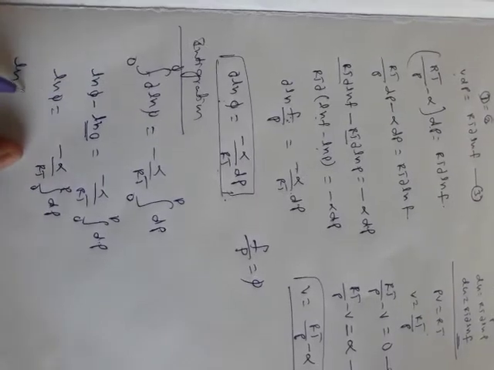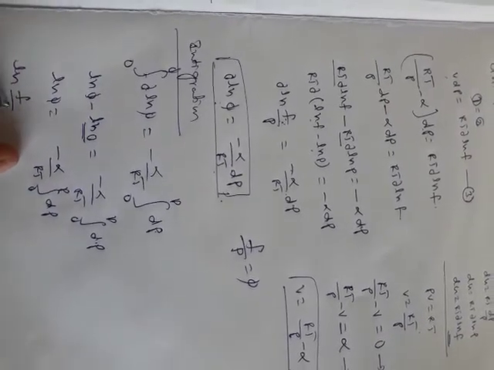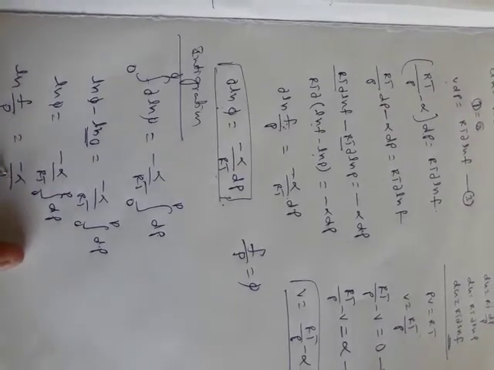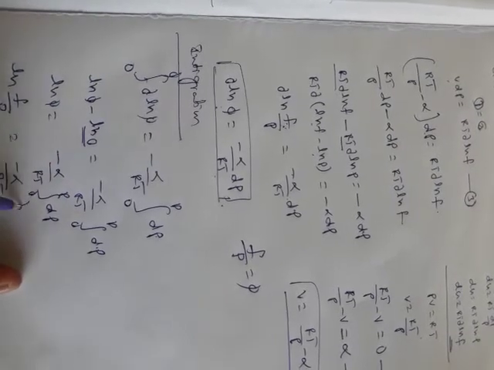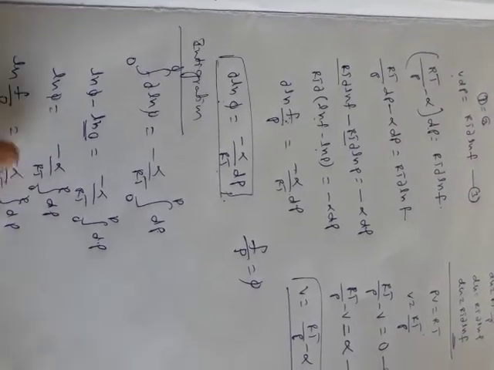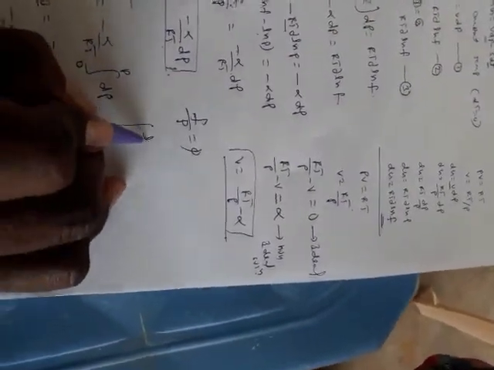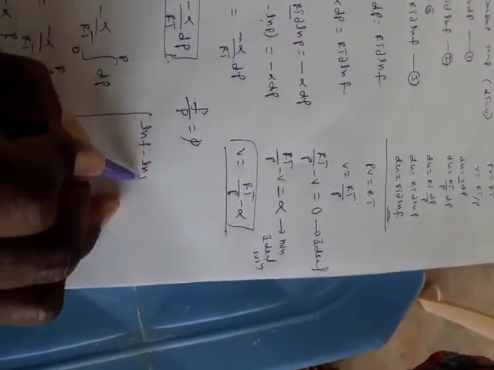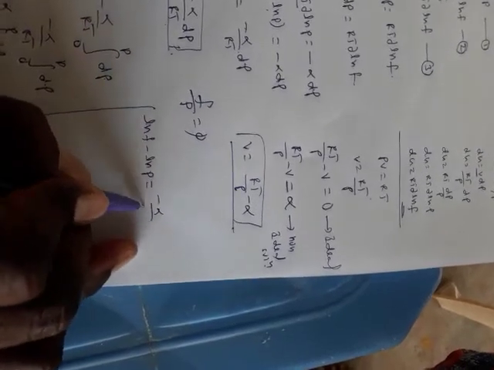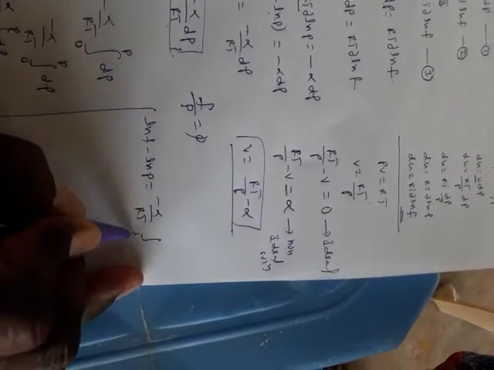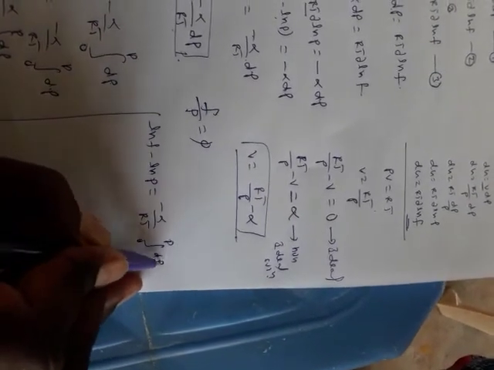In place of phi we can write F by P, which is equal to minus alpha by RT integral 0 to P of dP. Here ln A by B we can write as ln A minus ln B. So ln F minus ln P is equal to minus alpha by RT integral 0 to P of dP.